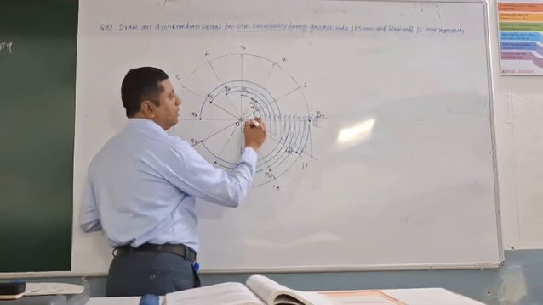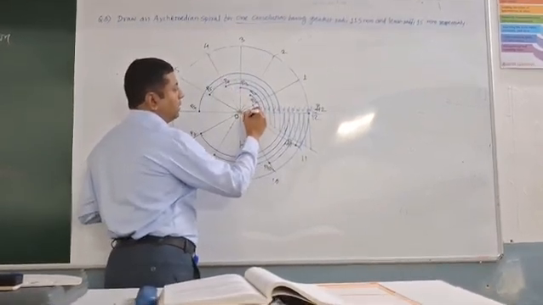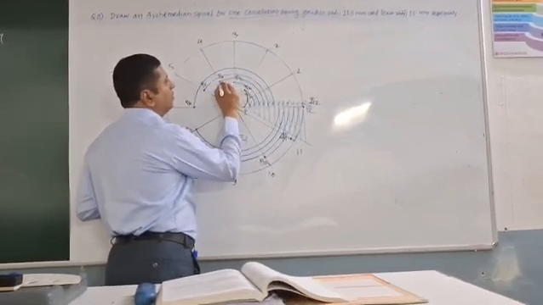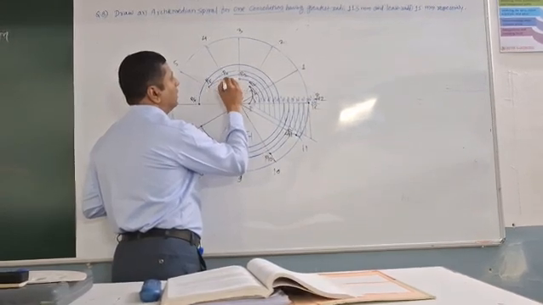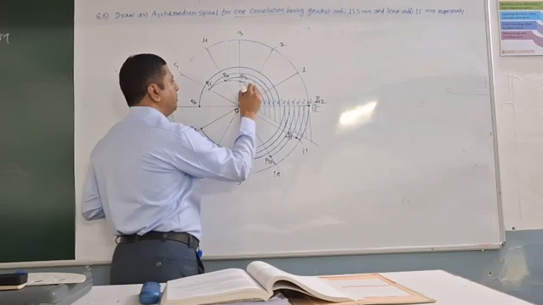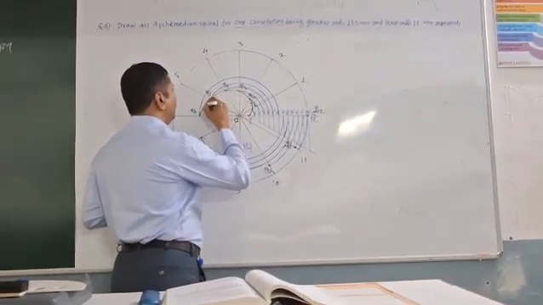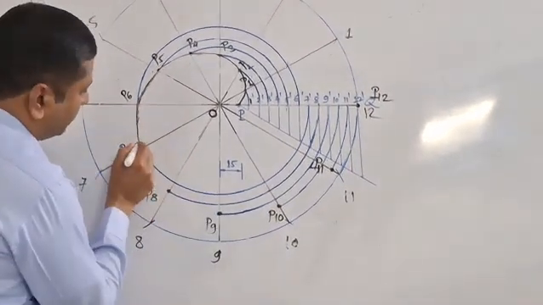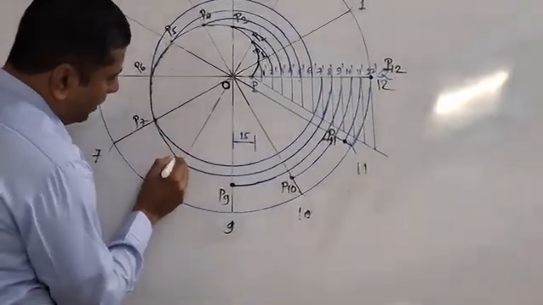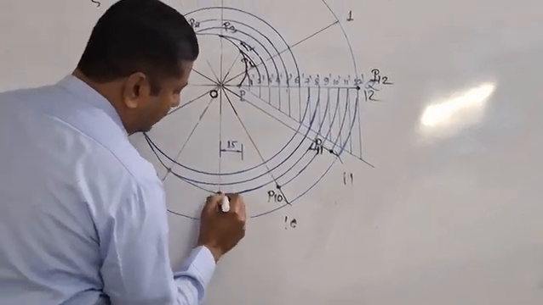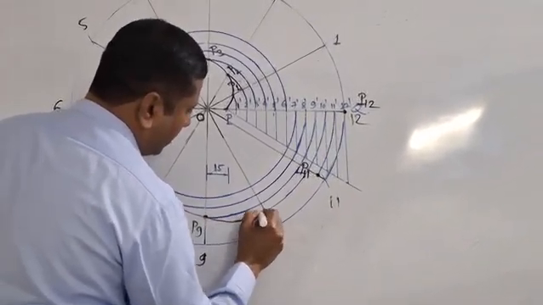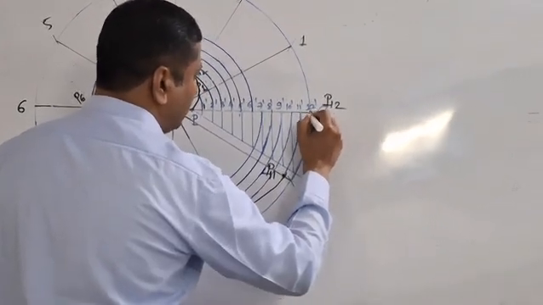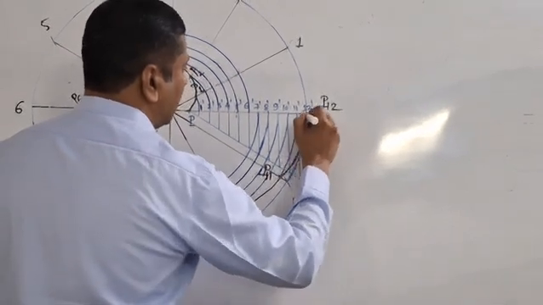We have to draw a smooth curve starting from point P, then P1, P2, then P3, P4, P5, P6, P7, P8, then P9, then P10, it will be a smooth curve, then P11, and last is P12. It should be a smooth curve.